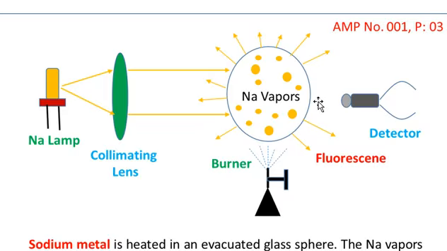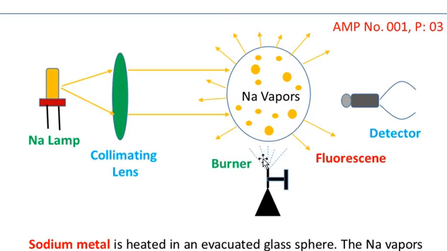But a very small amount of light may go towards the detector, or you can say that almost no light will reach the detector, and the detector will see that the wavelength is missing. Because if the sodium chamber is not there, this yellow light will reach the detector, and the detector will detect the sodium light from the lamp.